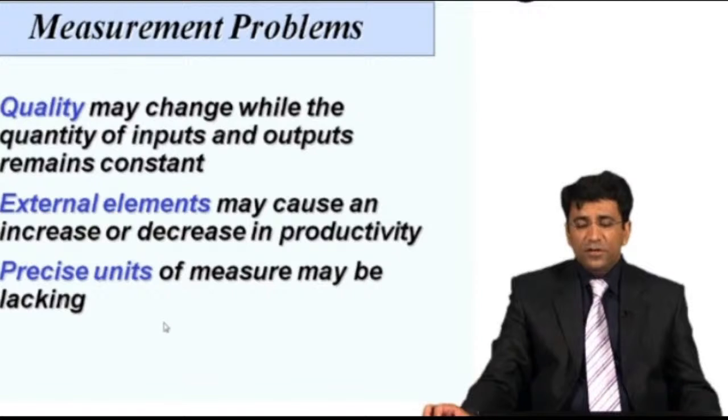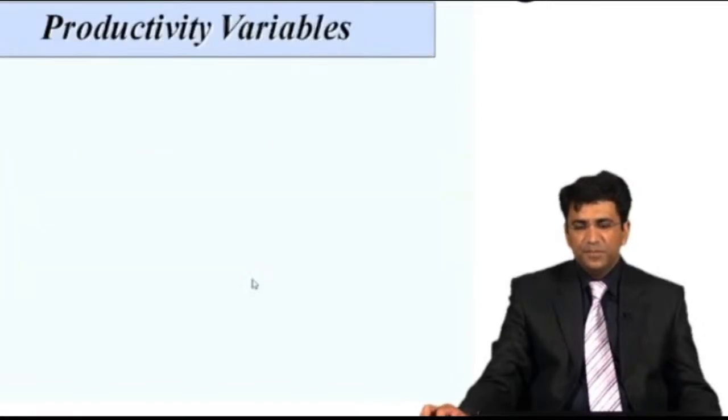Again, another important thing with respect to productivity measurement is that we'll have to take into account the precise units of measurement for our inputs as well as our outputs. That is, the units of measurement for the inputs and outputs should be consistent. If these are different, that will not give you the appropriate value of productivity. So these are some of the limitations with productivity measurement.